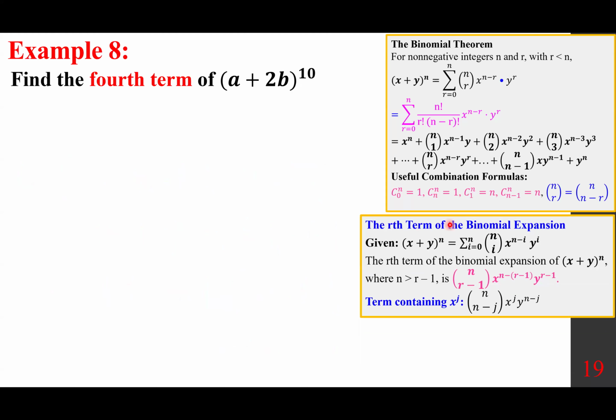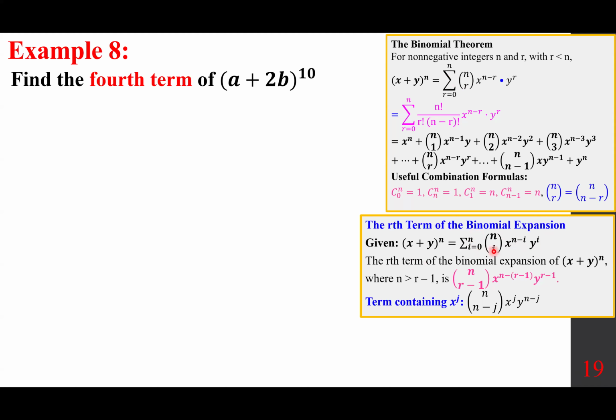The rth term of the binomial expansion, i going from 0 to n, the sum of n choose i, x to the power of n minus i, y to the power of i. Please understand, over here we use r, over here we use i, makes no difference.